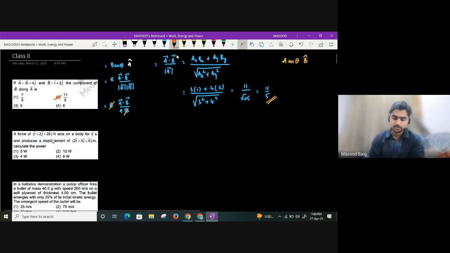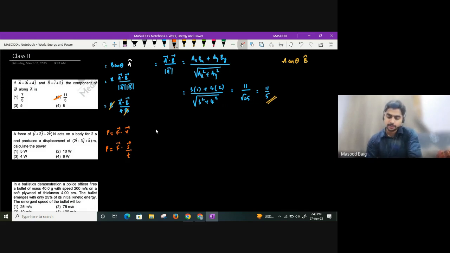A force is given, right, acts on a body for 2 seconds and produces a displacement. Displacement is given. So from displacement, can we find out the velocity? Because they're asking us to calculate power, and we know power is given as dot product of force and velocity. So how can we write velocity? I can write it as s bar divided by t. So what will be dot product now? Again, you have x component, y component, z component.